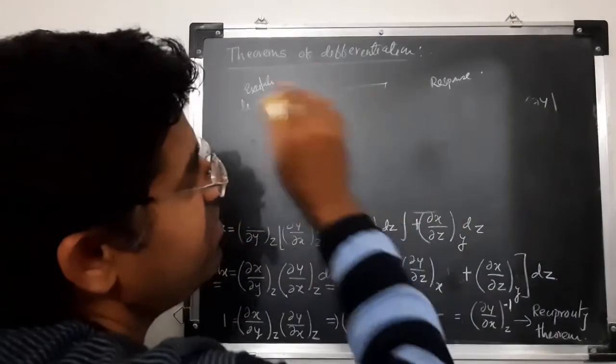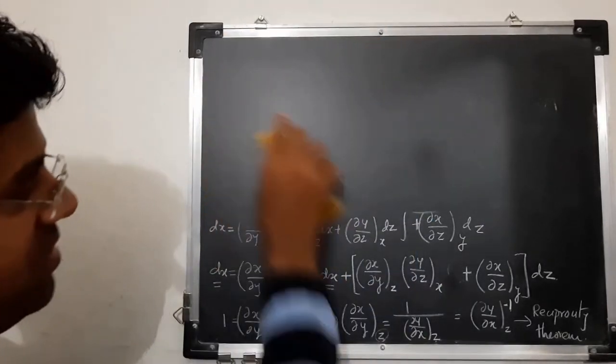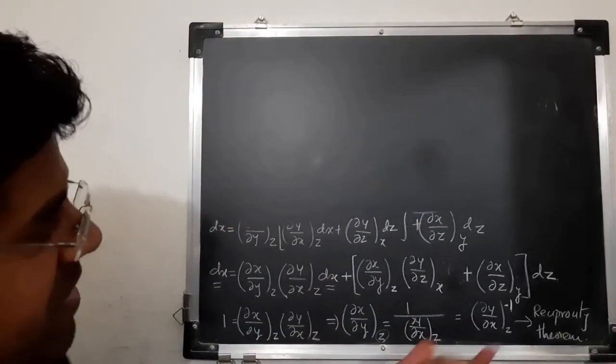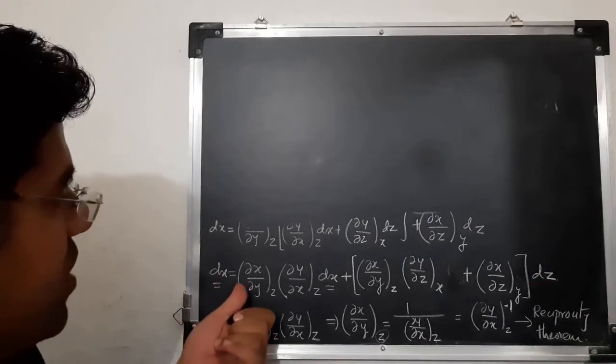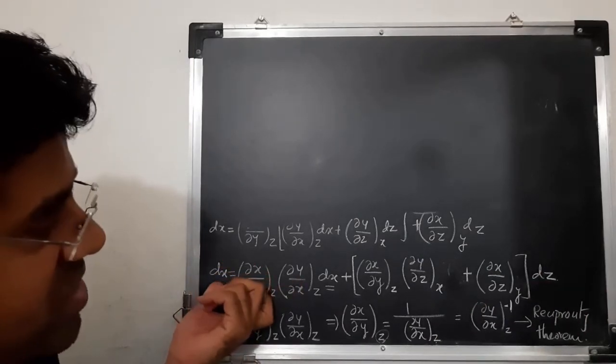Then second, once you have compared this first part, the second part we compare with the dz term. Here there is no dz term, so I can consider plus 0 times, so that time your dx is constant.